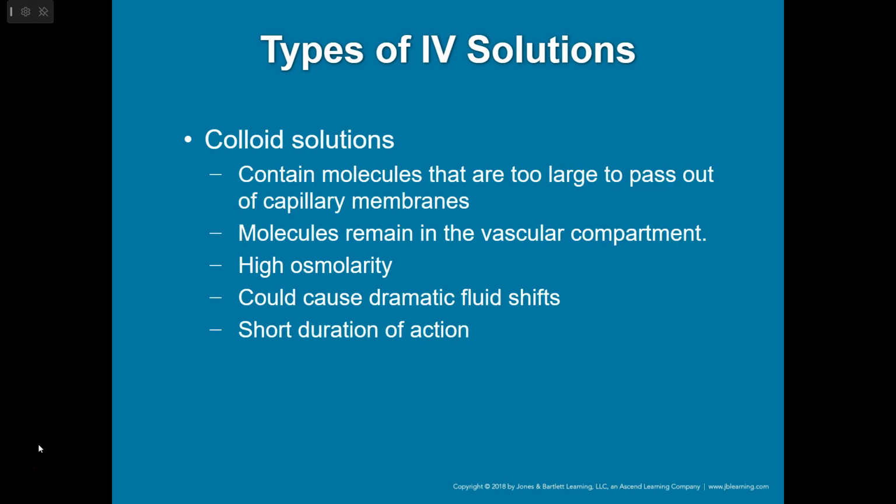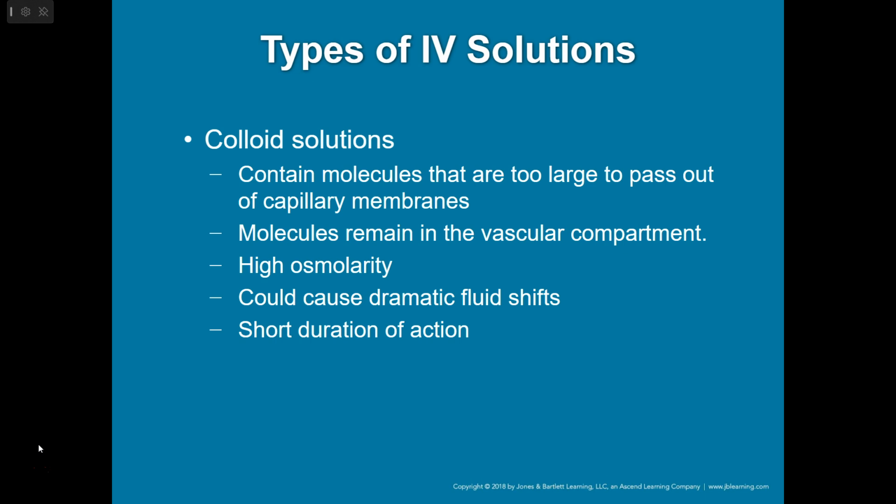Colloid solution contains molecules that are too large to pass out of the capillary membranes. So this is going to be something like albumin, dextran, plasminate, and hetastarch. We don't see those near as often in the pre-hospital setting, but you might see them on transfers. Some services might carry those. But most of those molecules are going to remain in the intravascular area.